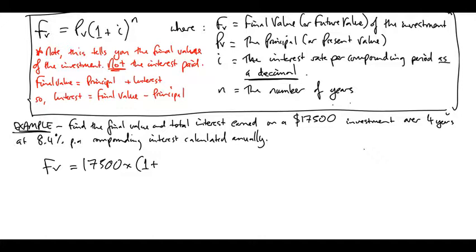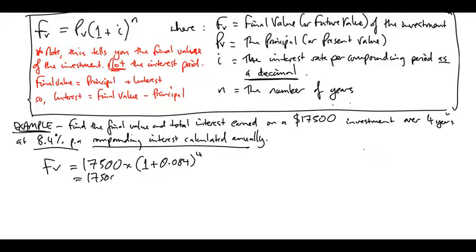I is the interest rate per compounding period as a decimal. Well, each compounding period is a year, and it's 8.4% per annum, so that's per year, so it's going to be 0.084 again. And to the power of n, how many years is this for? 4. Alright, so let's see what we need to do.